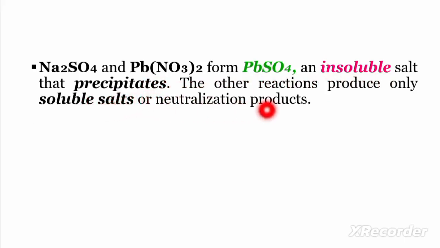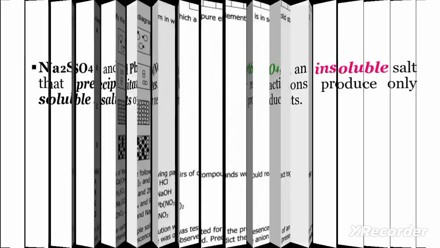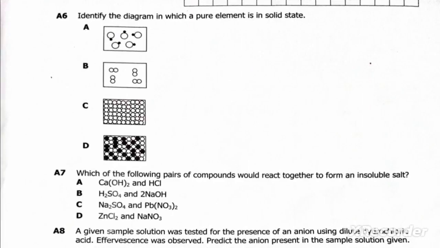Okay, the other reactions produce only soluble salts or neutralization products. So we have seen that the pair that will form an insoluble salt is sodium sulfate and lead nitrate, which is C. We are done with this question. Let us move to the next question.